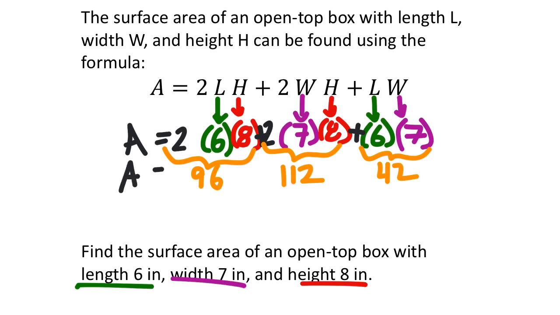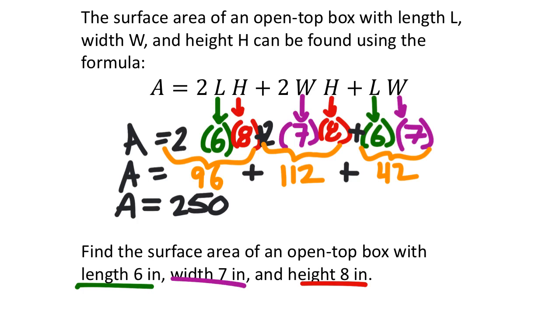So the area is going to be 96 plus 112 plus 42, which again, I can just put in my calculator, plus that 96. Oh, I missed one. 96 plus 42. And that gives us 250. So the area of this box is 250.